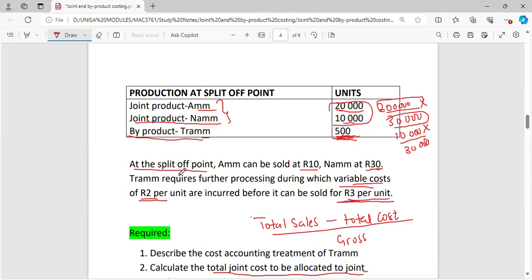They say at the split off point, ARM can be sold at 10 Rand and NAM at 30 Rand. So these are the market values at split off point. We want to allocate the joint cost using the market values at split off point.